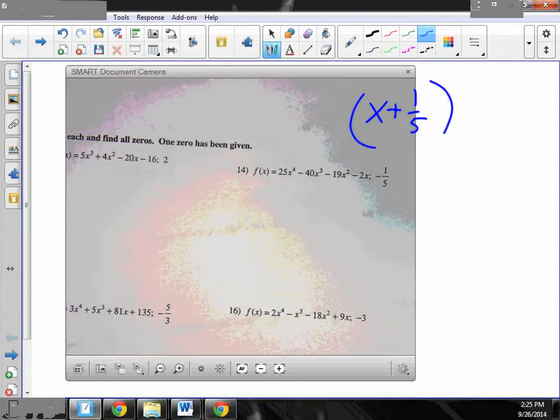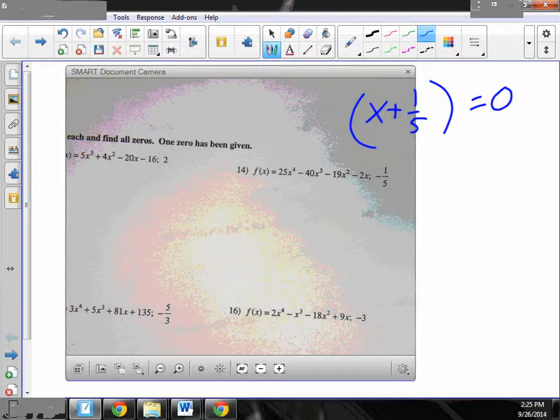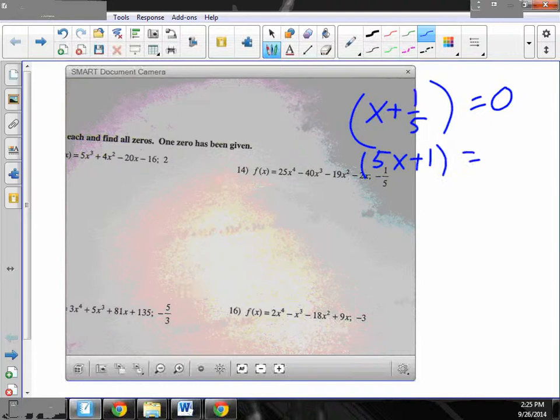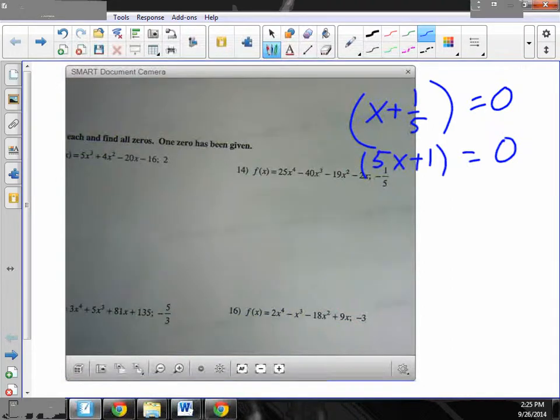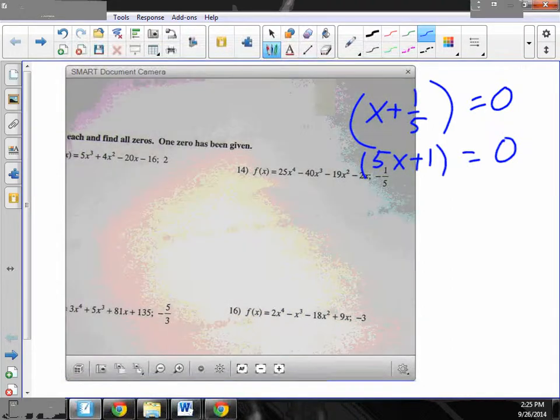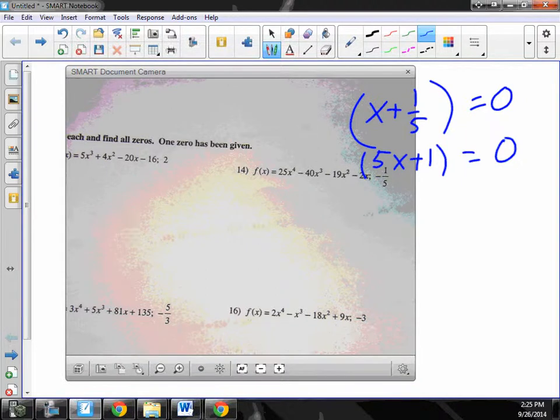Well, I know x plus 1/5 equals 0, but I don't like this. I can times it by 5, because 5x plus 1 equals 0 is exactly the same thing as x plus 1/5 equals 0. Right? The other way to do it, which might make more sense to you, so x equals negative 1/5. How do I move the 5 back over?